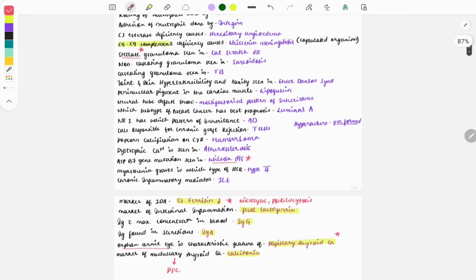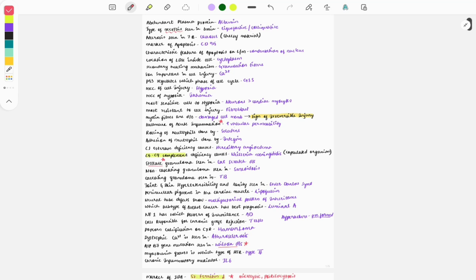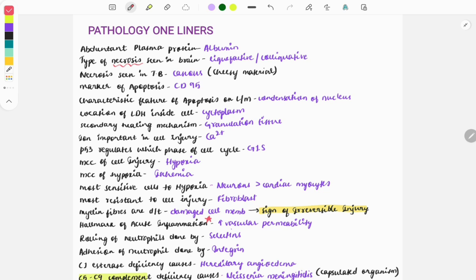So these were certain important points related to the pathology which were asked earlier. So direct one liner questions also can be asked, and if a one liner is asked, then it will be very easy. But if a clinical question is asked, then no worries, they'll describe a case with certain features, like the patient has presented with the cough, then hemoptysis, weight loss, and all, and the features will be suggestive of the TB.